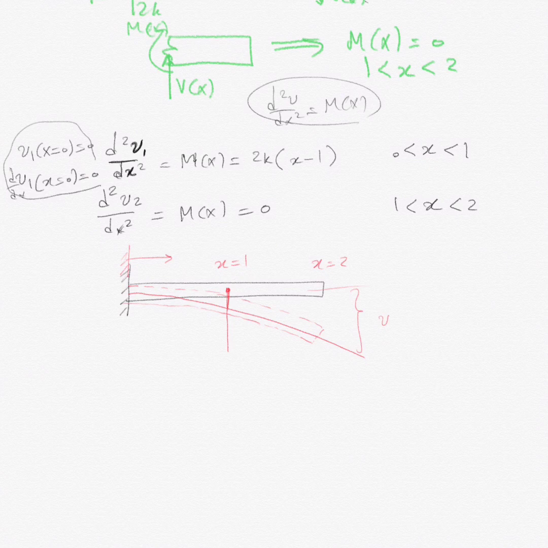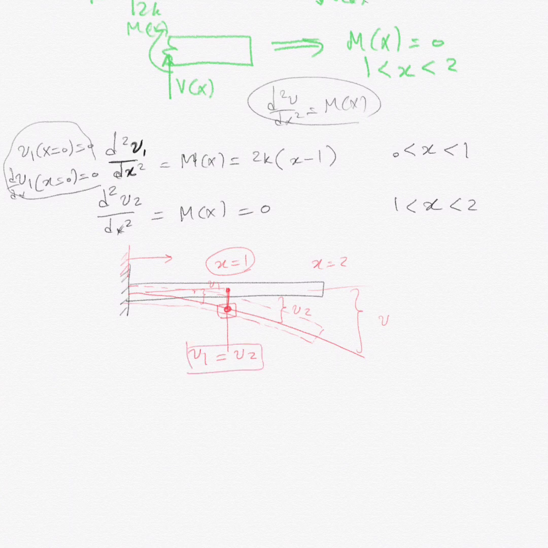Well, I know that this deflection here is v2, and this deflection here is v1. At the particular point x equal to 1, I have v1 equal to v2, because my beam is not going to break. The beam is continuous. So at this point, I have one additional condition.